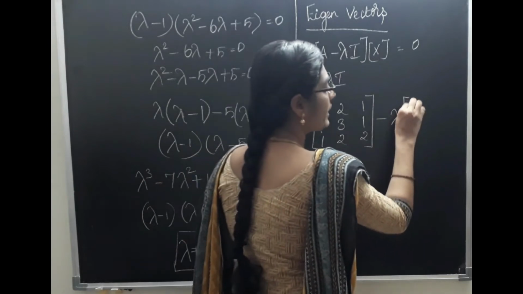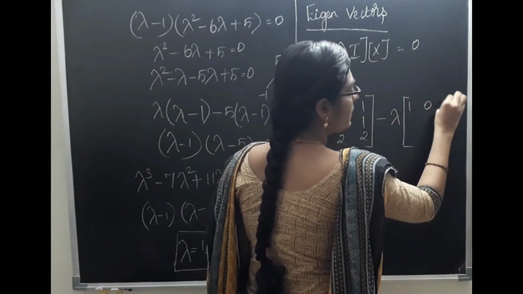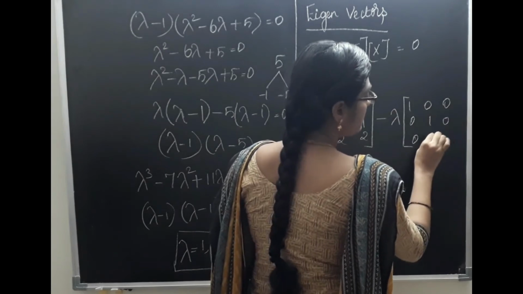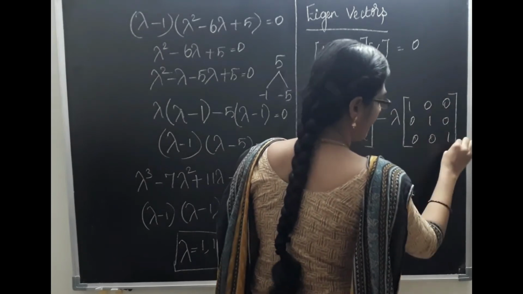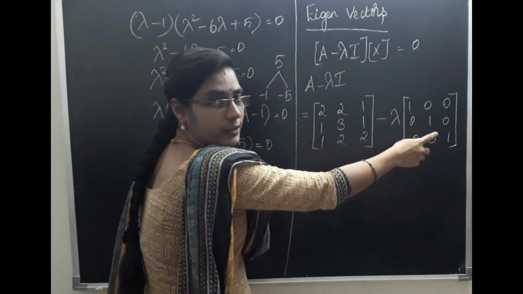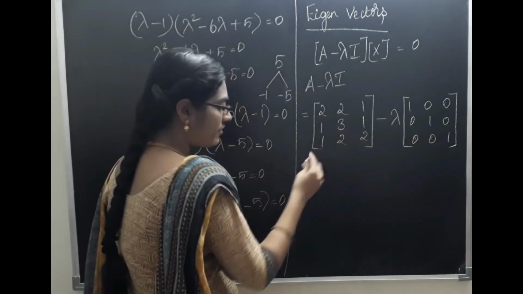So write the identity matrix 1, 0, 0, 0, 1, 0, 0, 0, 1. Now first let me multiply this identity matrix with lambda, then we will subtract it.